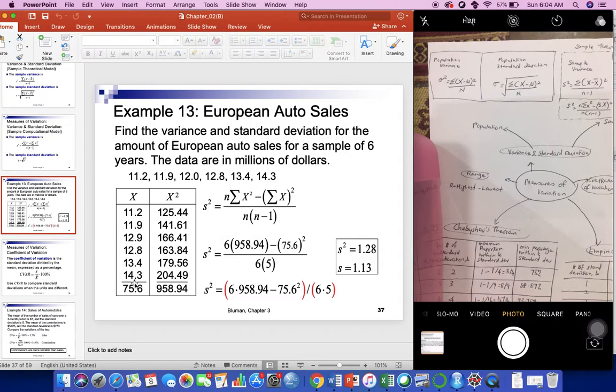You will get the summation for all x is 75.6. Take 75.6, put it here, 75.6 to the power of 2. You just calculate all this, and you will get the variance 1.28, and the standard deviation is 1.13.